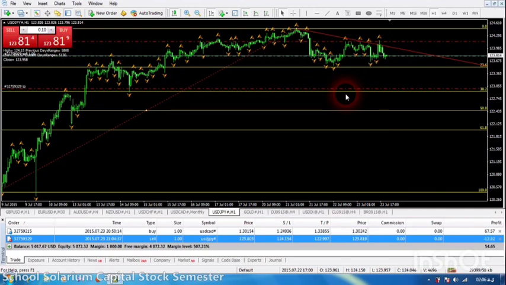But don't expect the price to touch these Fibonacci resistances or reach them, because Fibonacci has a little bit of error, it is not 100% precise.